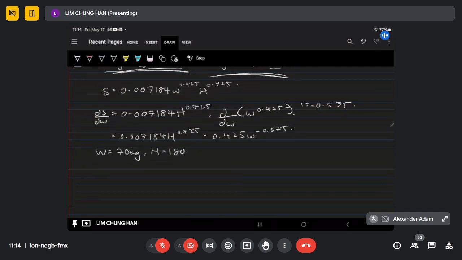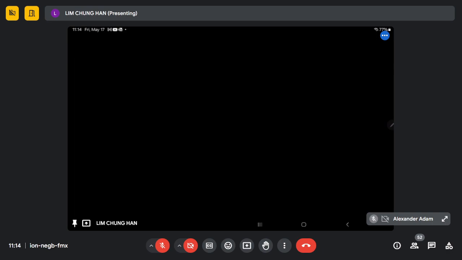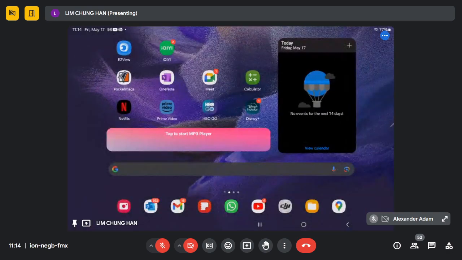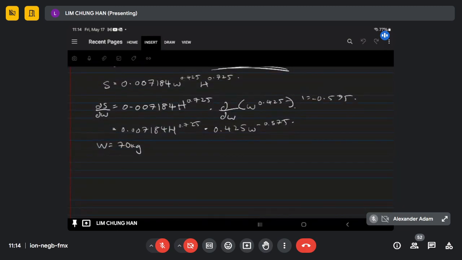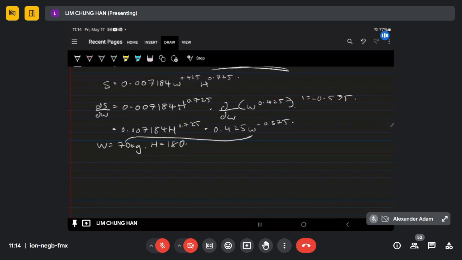Can you substitute this in? Oh, sorry, my app crashed just now. Let me restart again. Okay, so weight 70 kilograms, height 180. Can you substitute W into W, H into H? Give me a number.